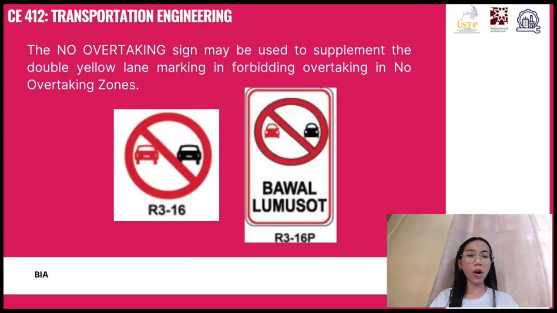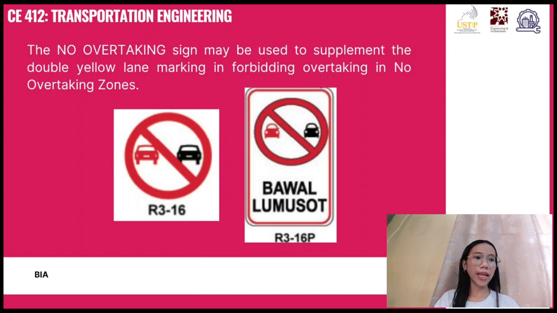So kaning the no overtaking sign may be used to supplement the double yellow lane, making in forbidding overtaking and no overtaking zone. So kani nga sign is used on narrow roads or bridges nga na siya less than 5 meters wide or under 5.5 meters.